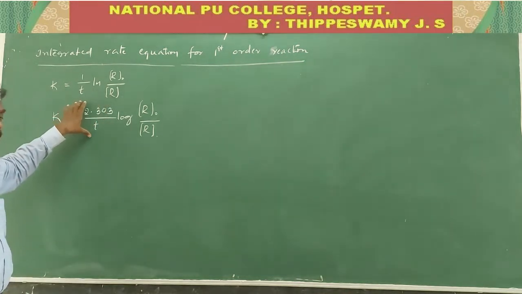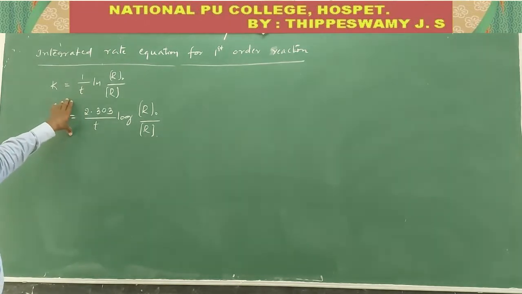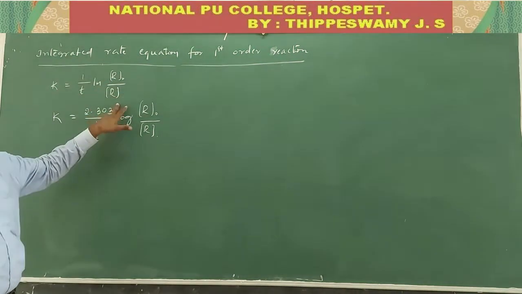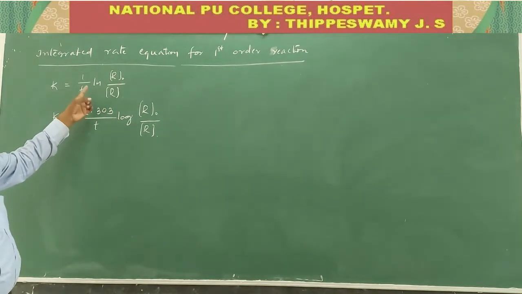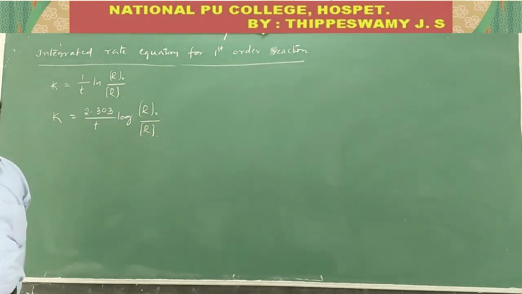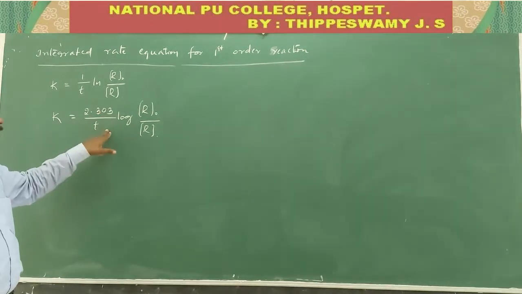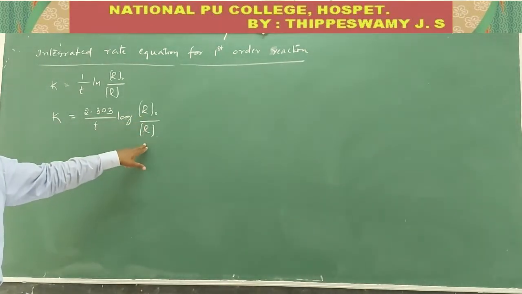Now, we know that the integrated rate equation for the first order reaction is k = (1/t) ln(R0/R). By taking ln x = 2.303 log x, we can also write it in this manner: k = (2.303/t) log(R0/R).